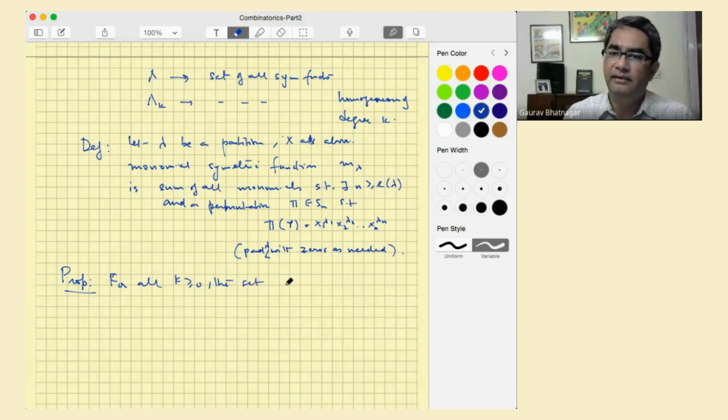The set m_lambda, lambda a partition of k, forms a basis for Lambda^k.